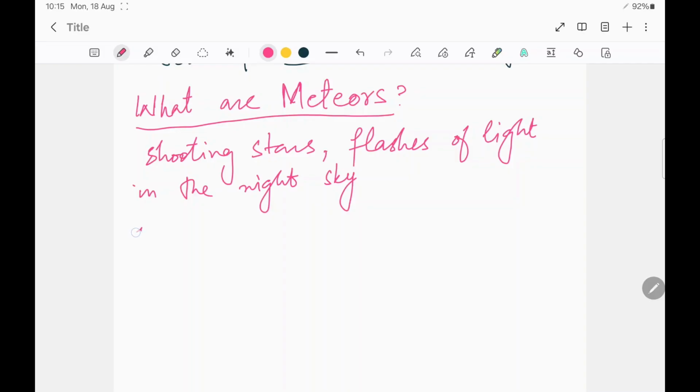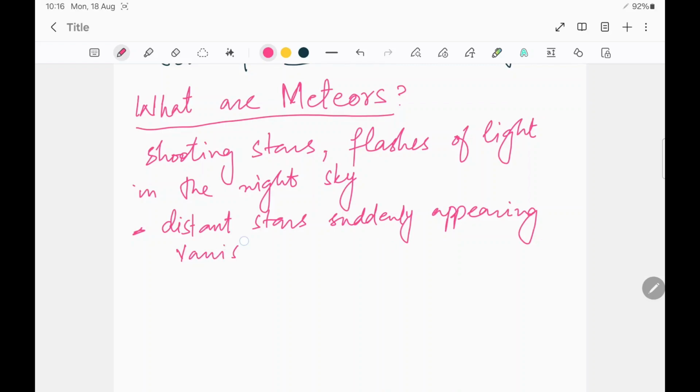Well, they look like distant stars suddenly appearing and racing across the sky, and then they vanish. And as we have already said, they are most visible on clear and dark nights. Obviously in the daytime it is not possible in the sunlight to see them.